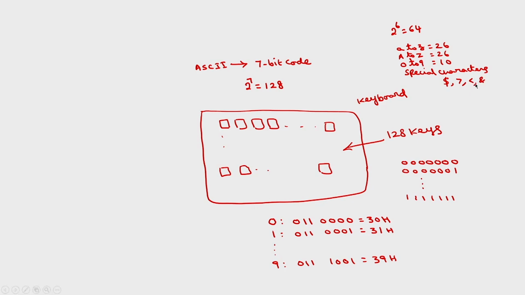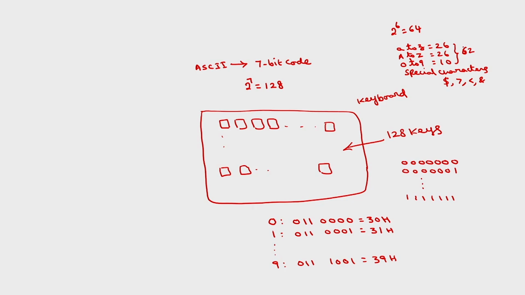If I use only a 6-bit internal code, we can have only 64 different keys. So these three together make 62, so we can have only 2 special characters.